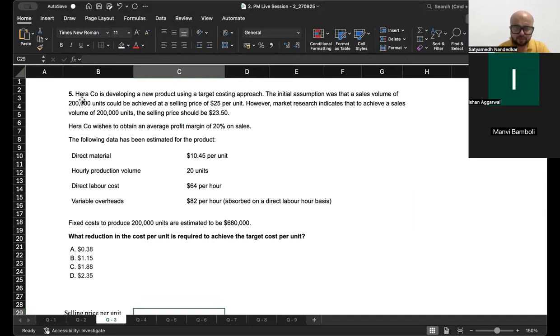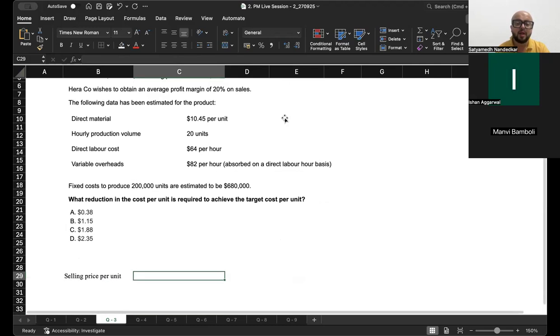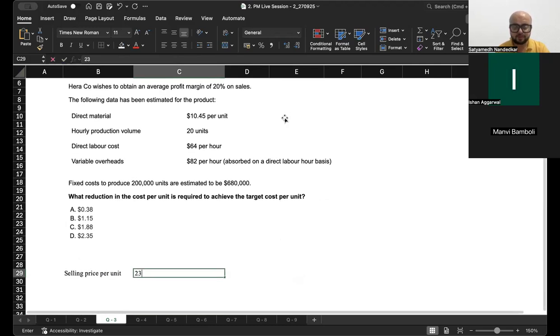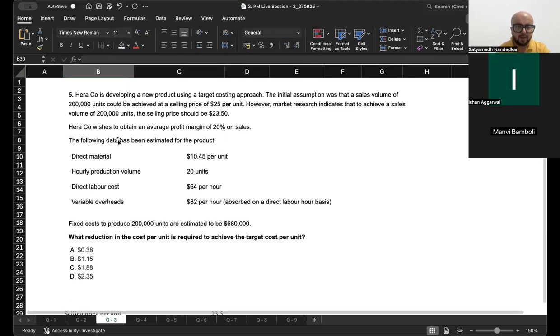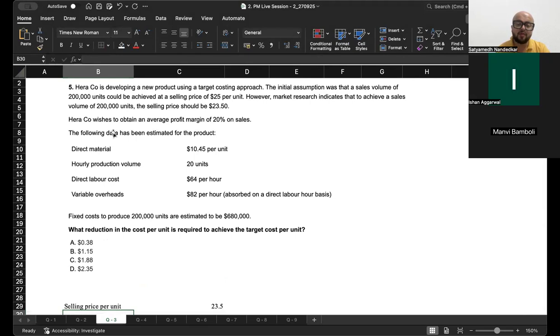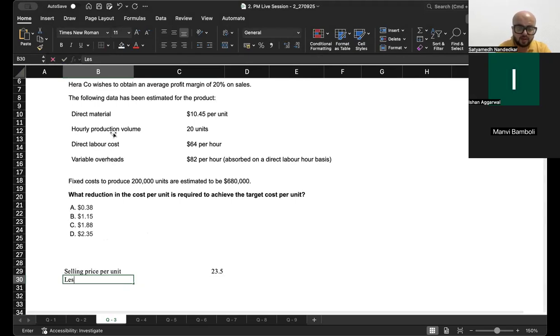Initial assumption was that a sales volume of 2 lakh could be achieved at a selling price of 25. However, market research indicates that to achieve a sales volume of 2 lakh, selling price should be 23.5. This is the selling price that you are looking at. The company wishes to obtain an average profit margin of 20% on sales.